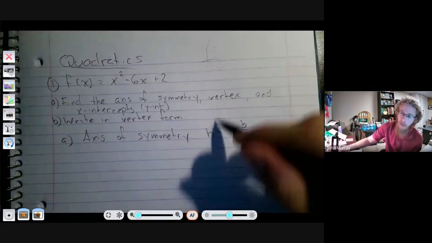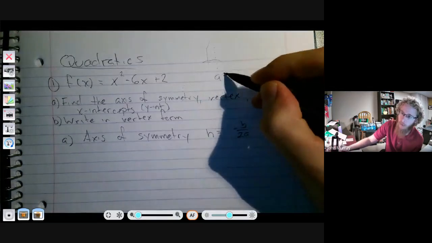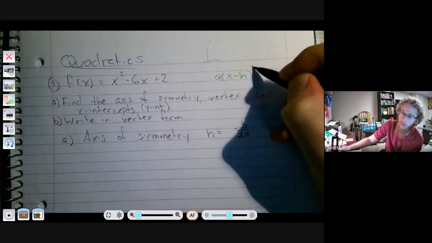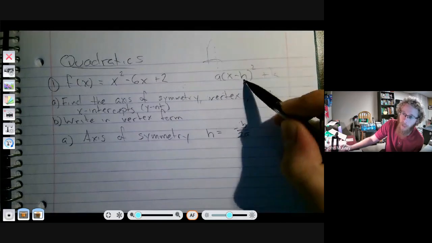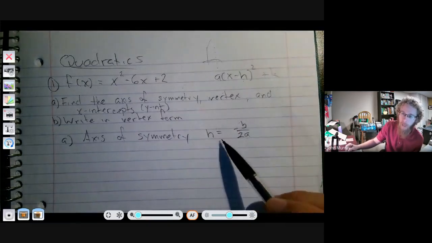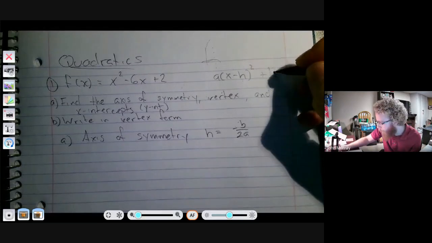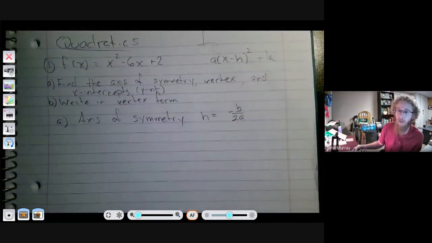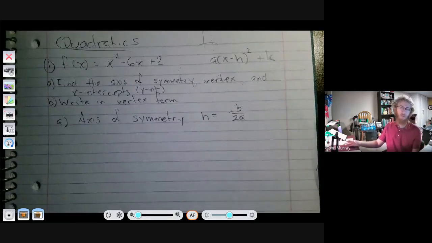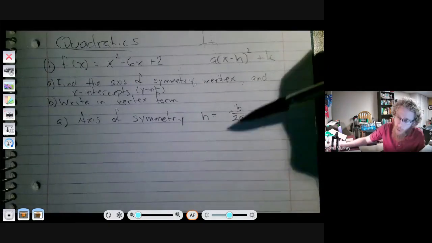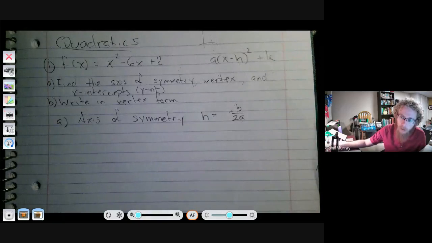Now, again, this is nice because in vertex form, right? That h is right in there. So when we find the axis of symmetry, we already have part of our equation. Okay? So just be careful with your signs. That's usually the part where people make the most mistakes.